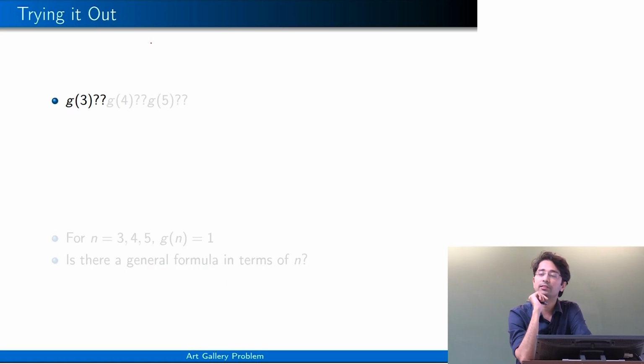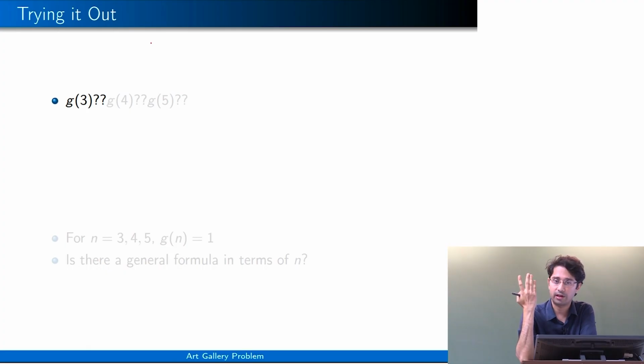Enough of definitions. Let us do some brainstorming. What is G? I am trying to find out the minimum number of guards required to guard any polygon of size n. So, if you understood the definition of G, please let me know what is the value of G3? 1, because what is a simple polygon with 3 vertices?